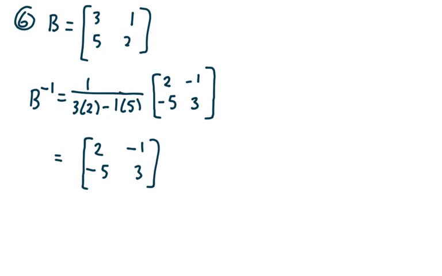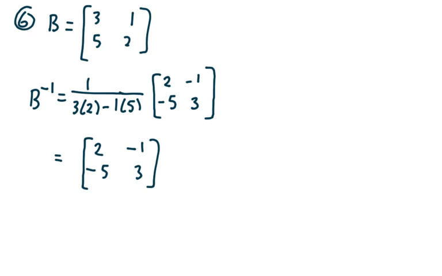So let's take a look at problem number 6. Suppose B is the matrix 3, 1, 5, 2. Okay? And I want B inverse. Well, B inverse is 1 over 3 times 2 minus 1 times 5, right?